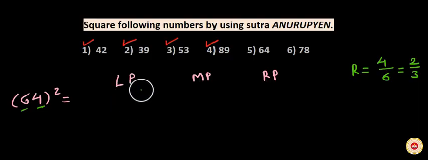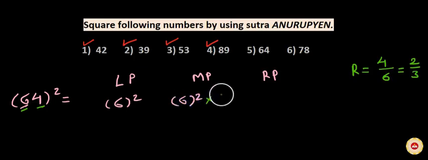Now, the first step is starting from left to right. What is the left part? Left part is the square of the digit which is at tens place, that is 6 square. What is the middle part? Left part multiplied by this ratio, that is 6 square multiplied by 2 upon 3.